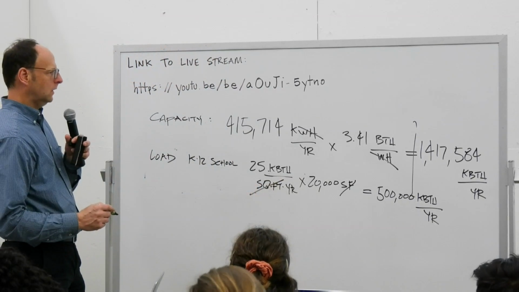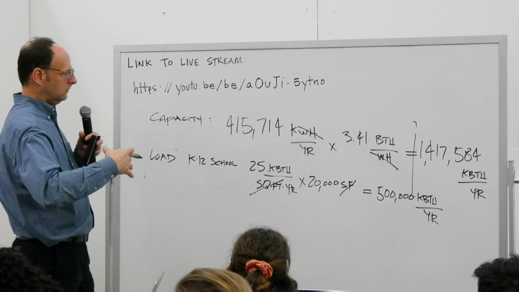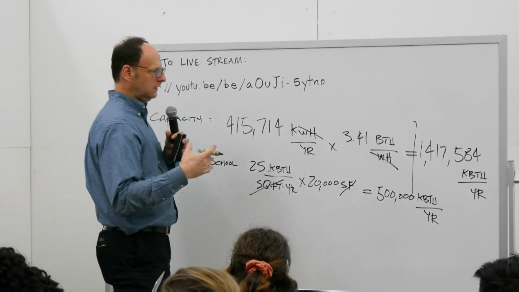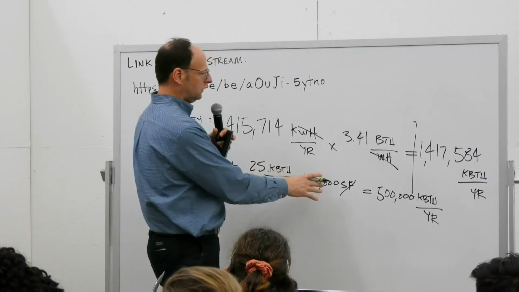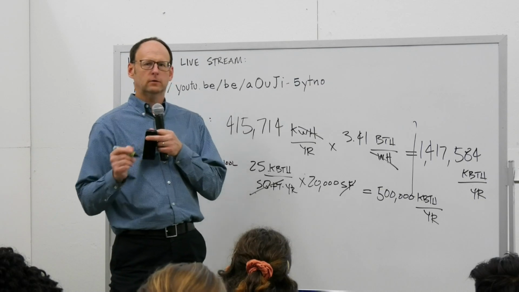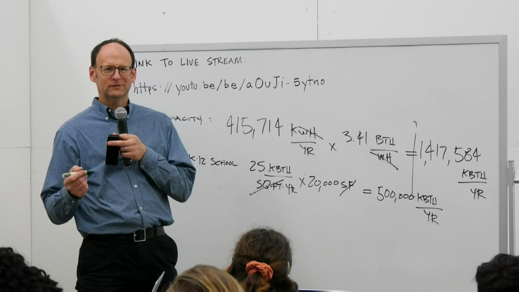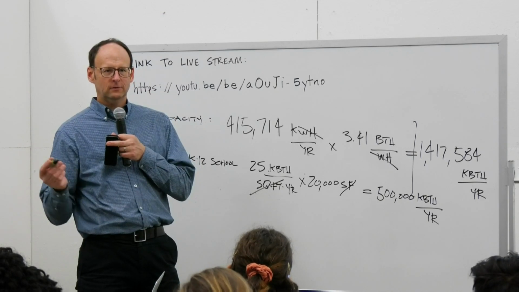So, if we had a school with a 20,000 square foot footprint, do we have enough capacity to generate all the power that the building needs? It's a simple yes or no question. Absolutely, right?